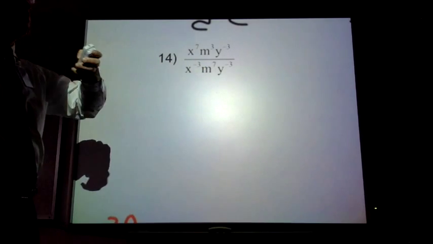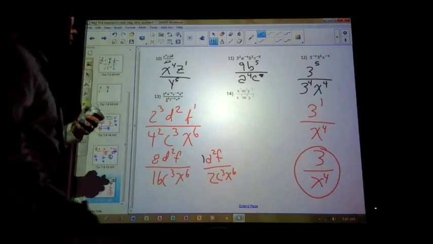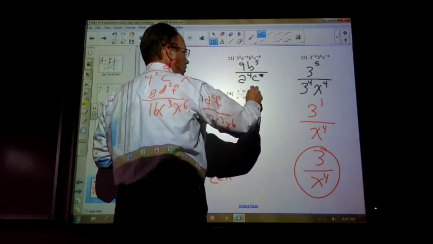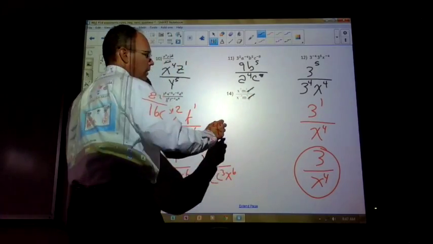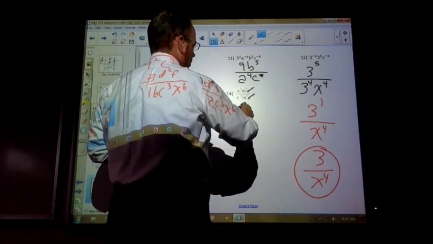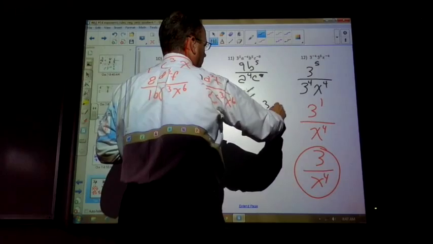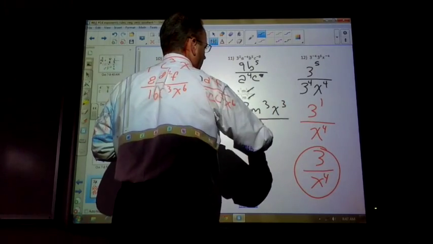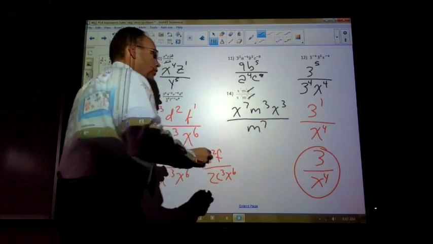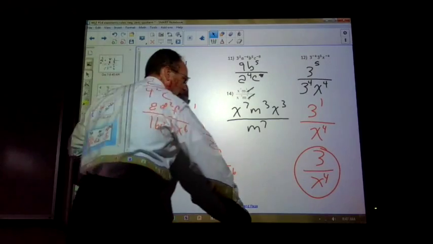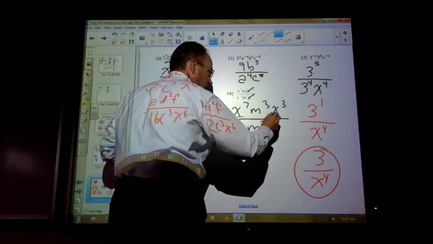Yeah. All right, so let's see. So I like that this and this are gone. They cancel each other out. And then I have x to the 7, m to the 3, x to the 3 on top, and m to the 7 on bottom. So if I were to combine my like terms, I have like bases that I'm multiplying together.